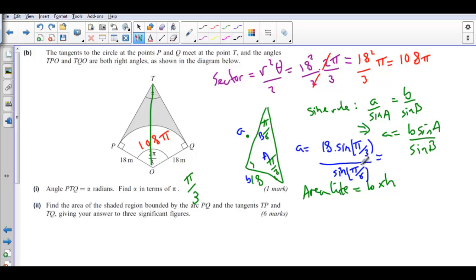Working it through on a calculator, that whole thing comes out as 31.17. What have we just worked out?